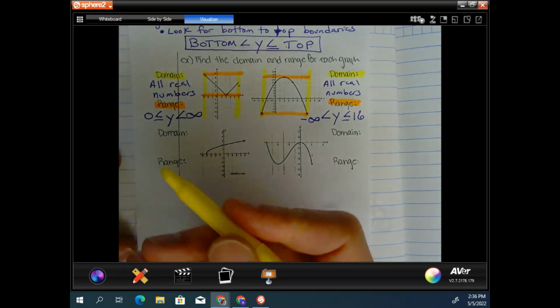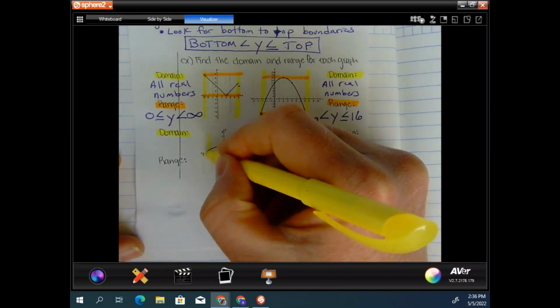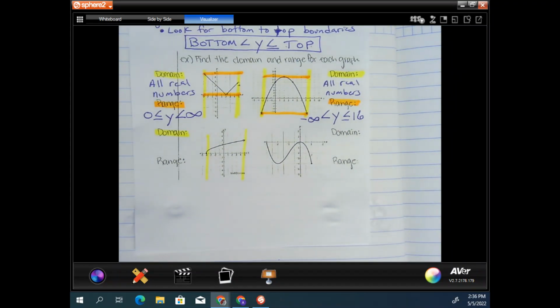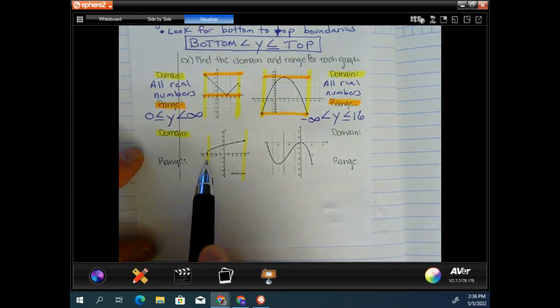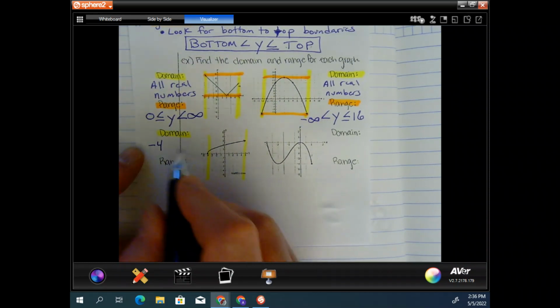Our next example, we have the domain, farthest left, farthest right. It's our first problem where we have a dot on the farthest left point, and that point happens to be -4. It is closed.